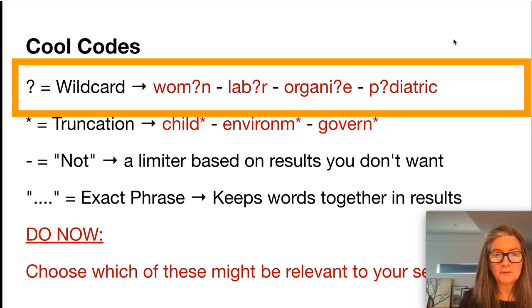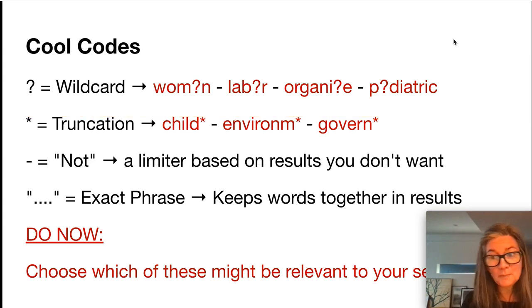Pediatric has different spellings. So if you start to realize, especially from searching around a little bit, that you have important words in your search that come in different spellings or have plurals, then you can add them as these wildcards. Truncation is also really cool.